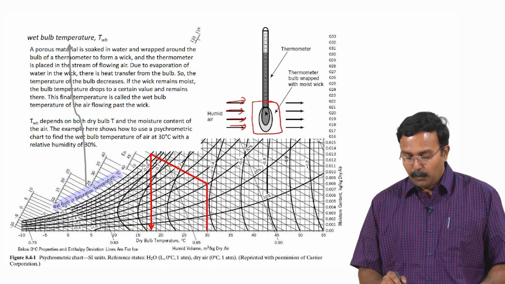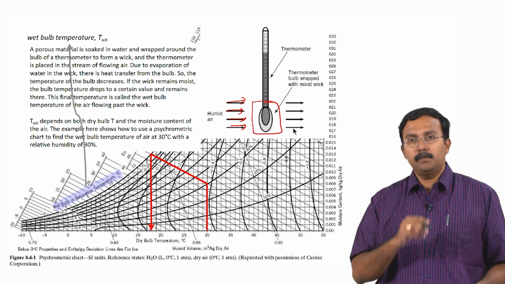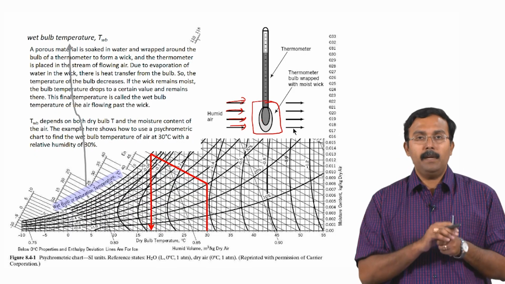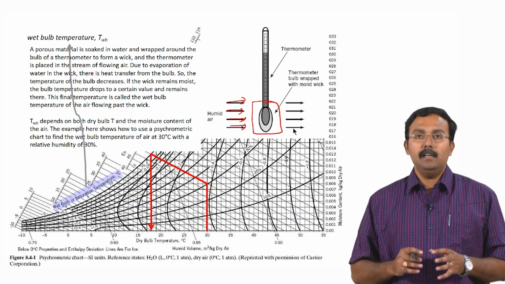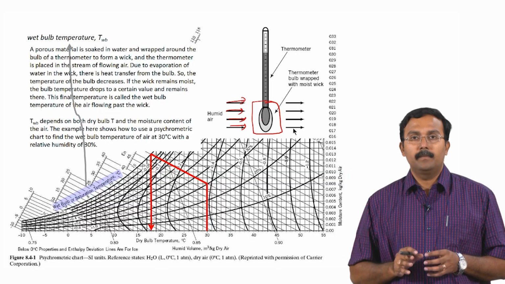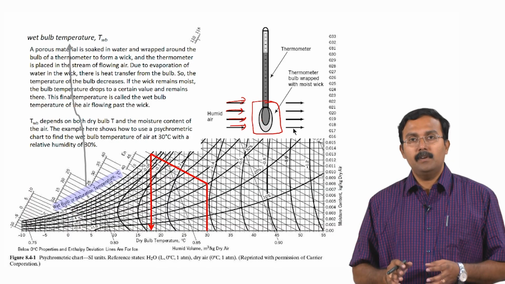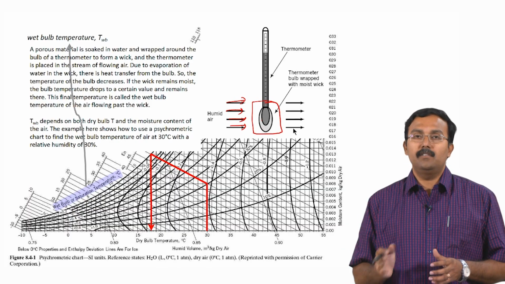Assume that the humid air which you start with is in circulation. If it keeps going round and round across this wet wick which remains wet, more and more water is going to evaporate till the air water vapor mixture reaches saturation. Once there is saturation of water vapor, you will still have the wet wick, but the water is not going to evaporate.